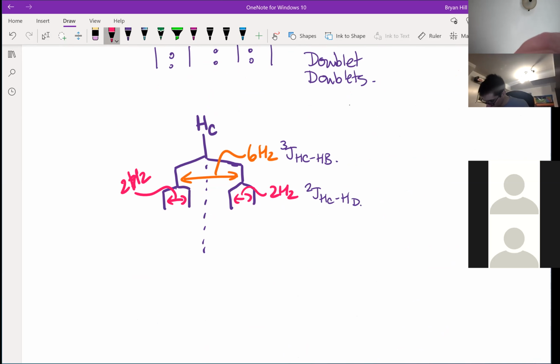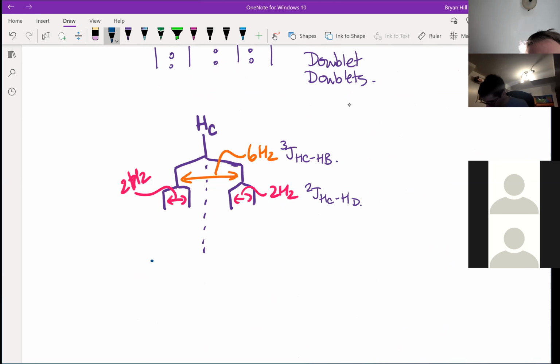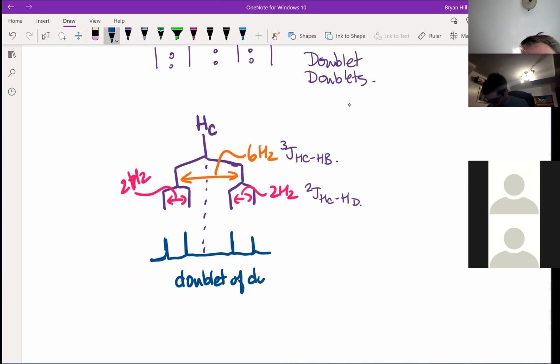And so this spectra would also appear as a doublet of doublets. And the height would be 1 to 1 to 1 to 1.